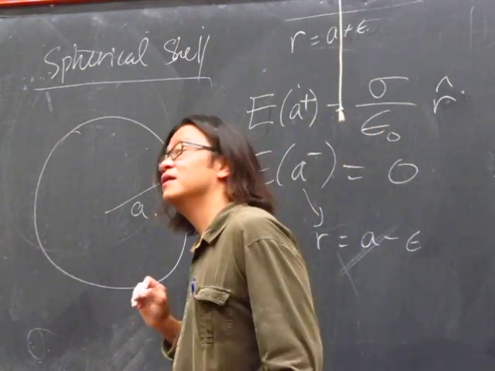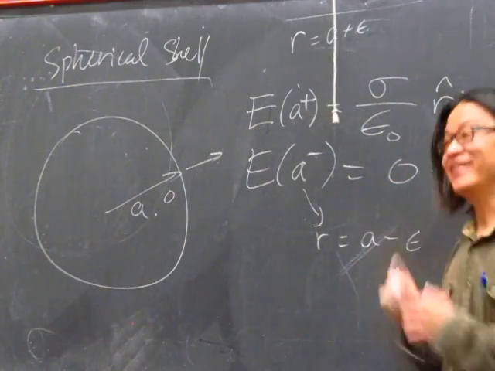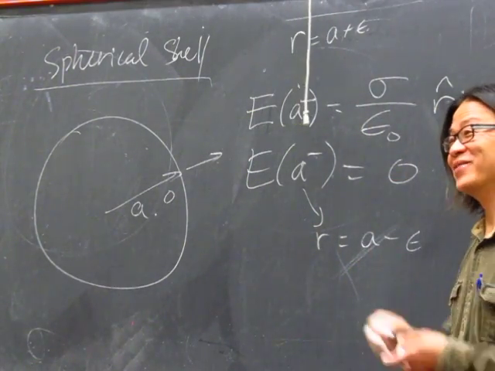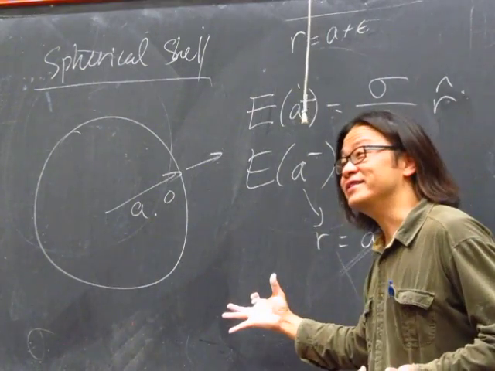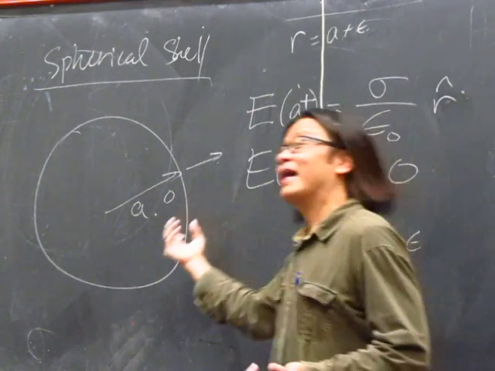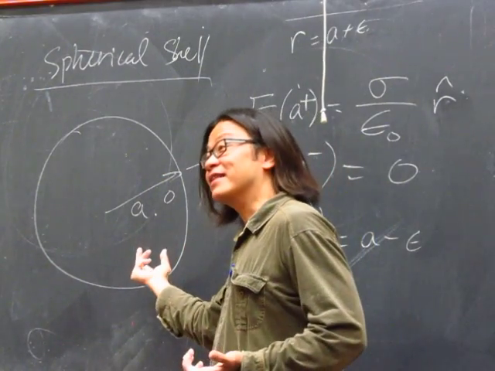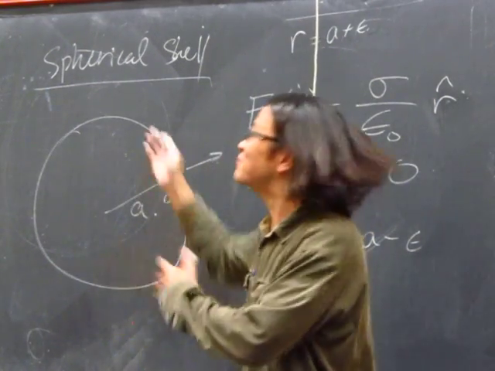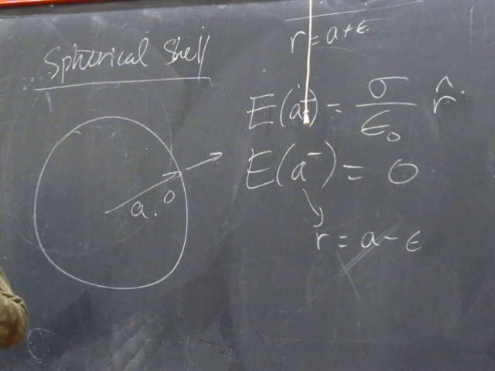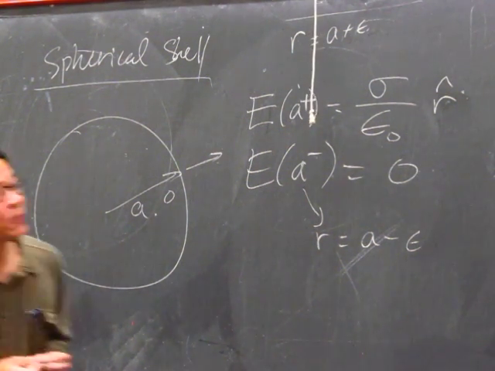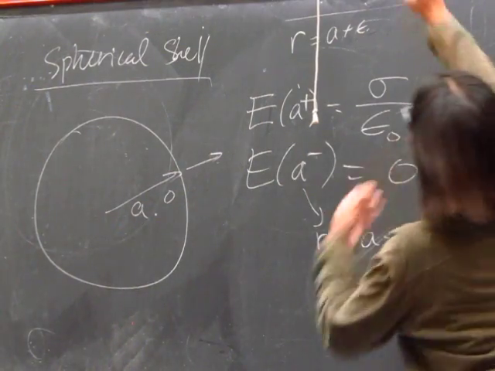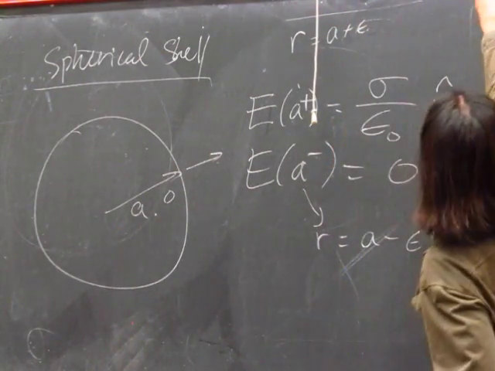What if it's exactly A? Now, that's a question. What is it when it's exactly A? But this is a mathematical idealization. In reality, physically, things have finite thickness. So that's part of the reason I went through this discussion. Remember, for an infinite slab, you get something that's linear.